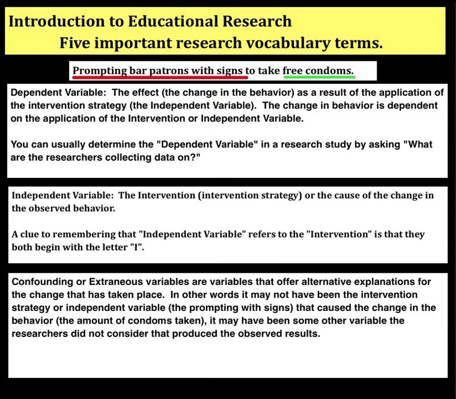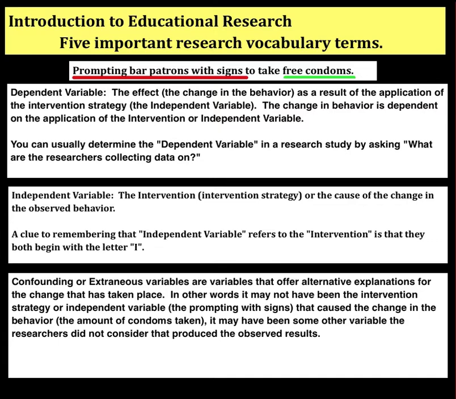And the independent variable: independent and intervention begin with the letter I. So if you ask yourself, what's the intervention that the researchers are applying? That would be the independent variable. And then confounding or extraneous variables are variables that get in the way. They are the noise that can mess up the validity of a piece of research.